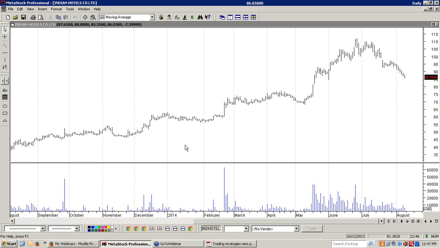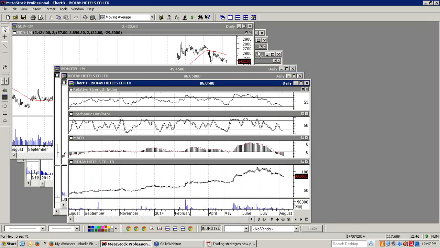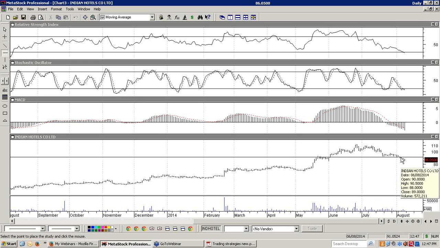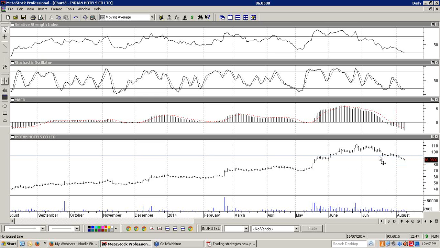Although on the daily charts it is almost oversold, where the RSI and stochastic both are in the oversold region, until you see a break above the level of 93 on the daily closing, you should not enter this particular stock.